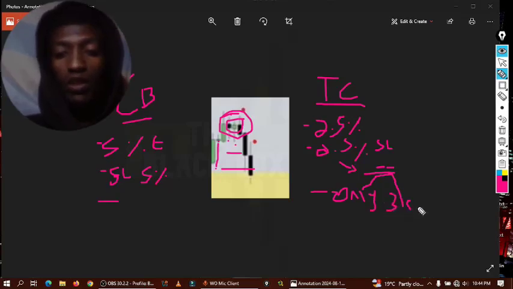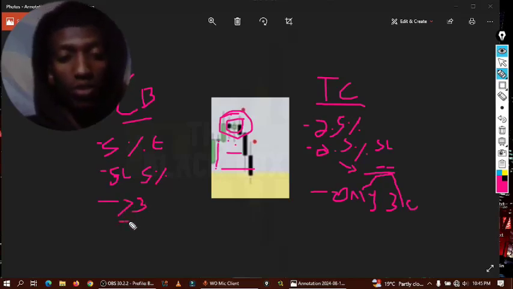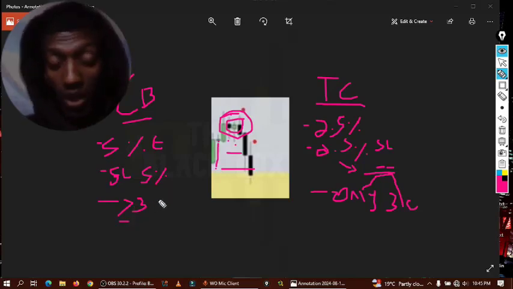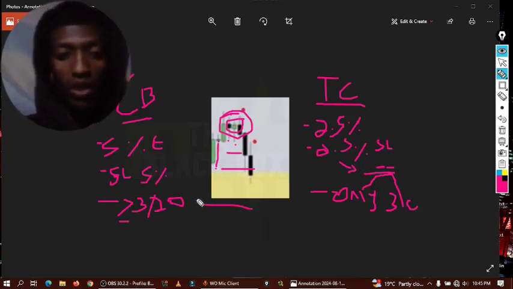This one is greater than or equal to three candles. It can be three candles or more than three candles. It can be 20 candles. No one cares. It only has to trade sideways. So you can call this sideways movement a black box.